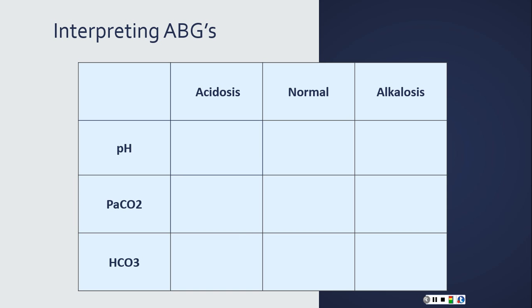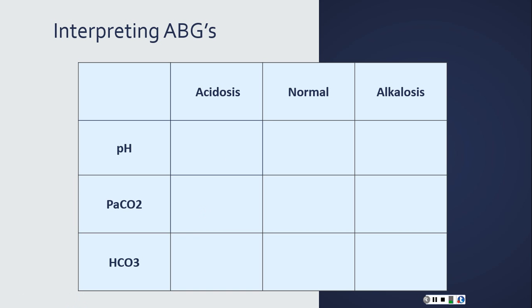Next, we've got to figure out where our problem occurs. Is our problem with the respiratory system, or is it with the metabolic system? So you've got to look at which check goes right in line with the pH. Right now we've got one here, we've also got one here. So we've got two lined up. So we know we have what kind of problem?